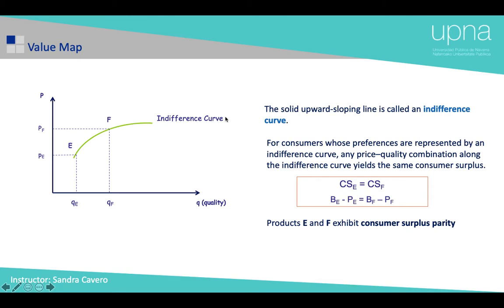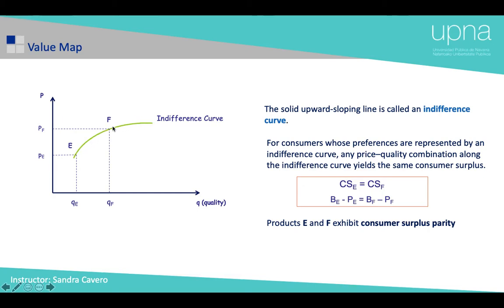This solid upward sloping line is called an indifference curve. So, what's an indifference curve? For consumers whose preferences are represented by an indifference curve, any price quality combination along the indifference curve yields the same consumer surplus. So this is the definition of indifference curves. Indifference curves represent consumer preferences, not position of products.